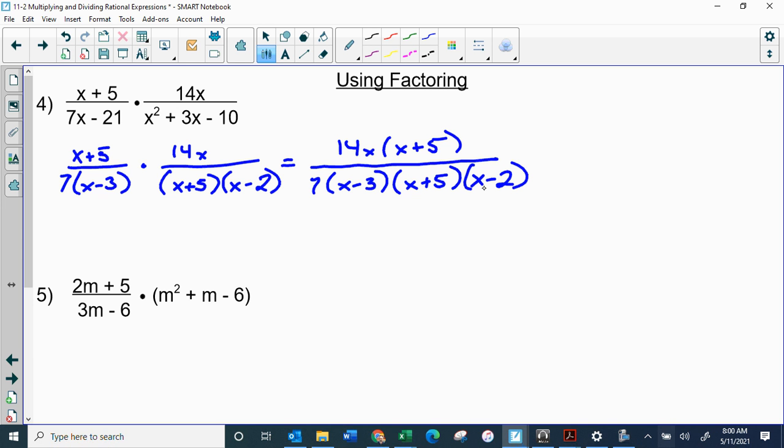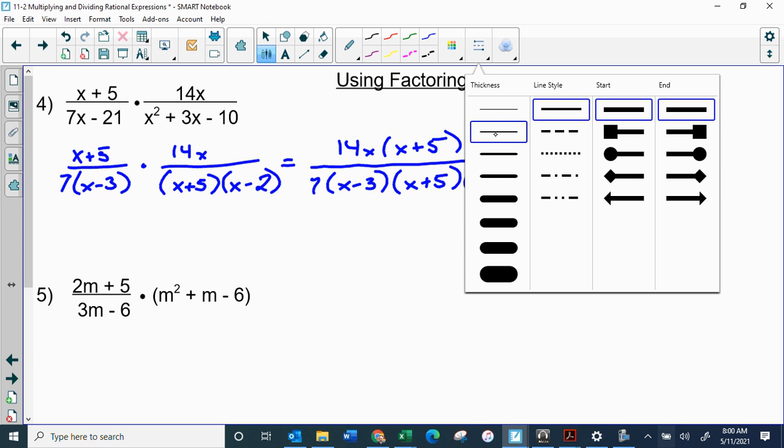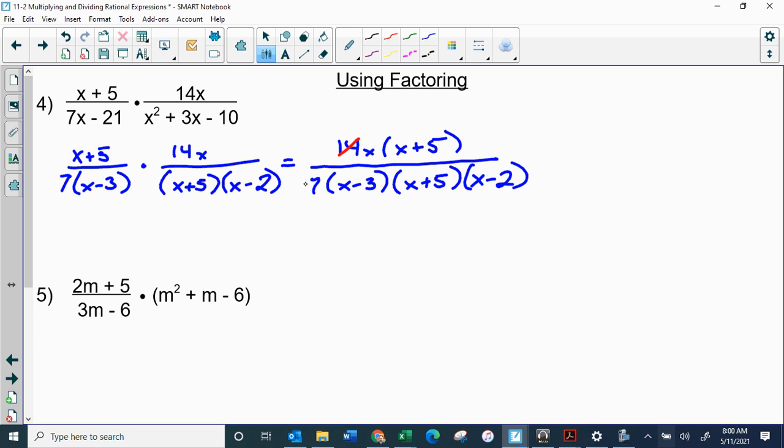And now we look to see if we can simplify this in any way, and we can. So the first thing I see is the 14 and the 7 can be simplified to 1 and 2. And then the x plus 5 over x plus 5, that's 1. So those are going to cancel out. And so what I'm going to end up with here is, don't forget this x is still here.